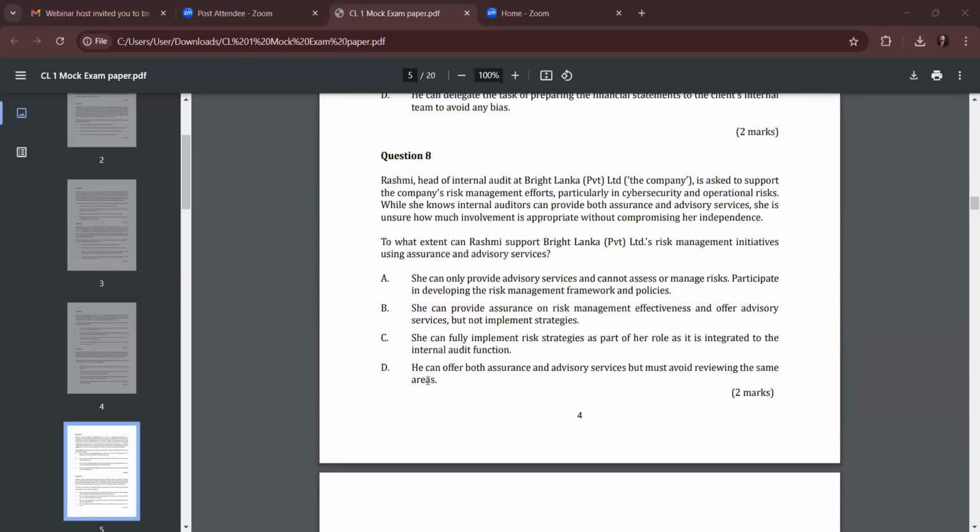And there can be a self-review threat. There can be a self-review threat.